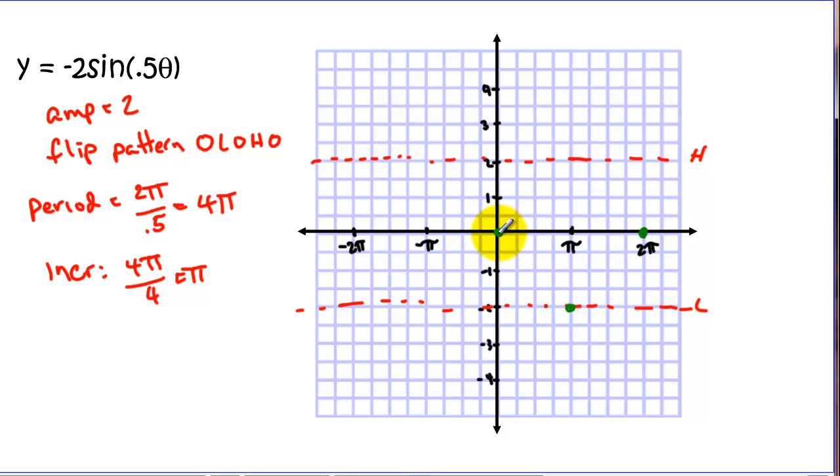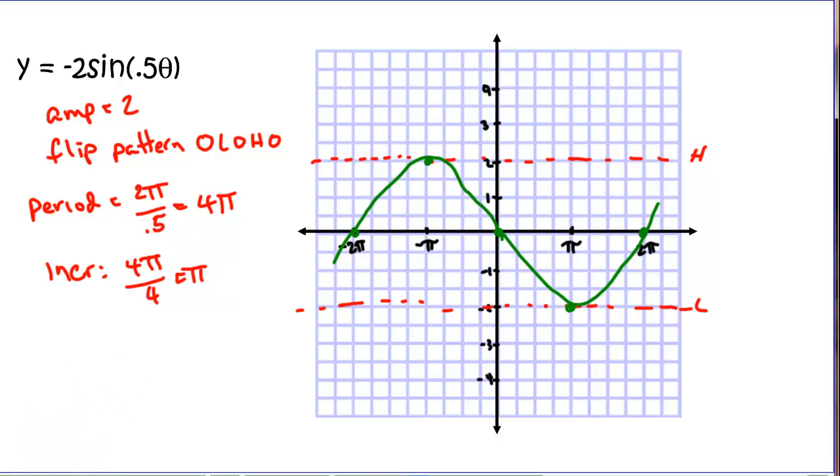Going backwards, we're going high and low. So if we were just sketching it between 0 and 2 pi, we're getting only half of our period shown here. So in total, we've got 4 pi, so we've got one period between 4 pi, which we said.